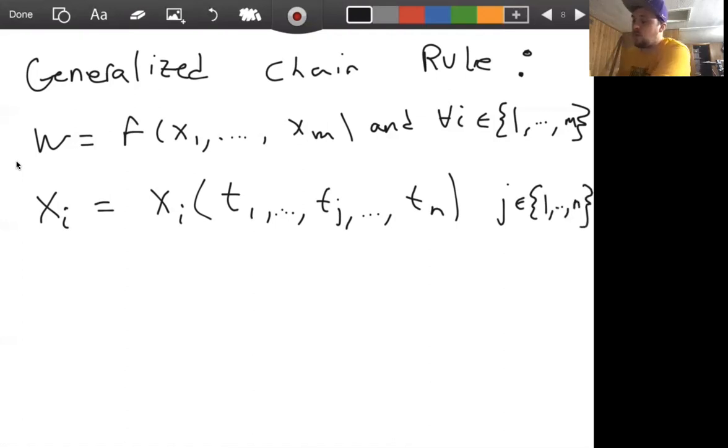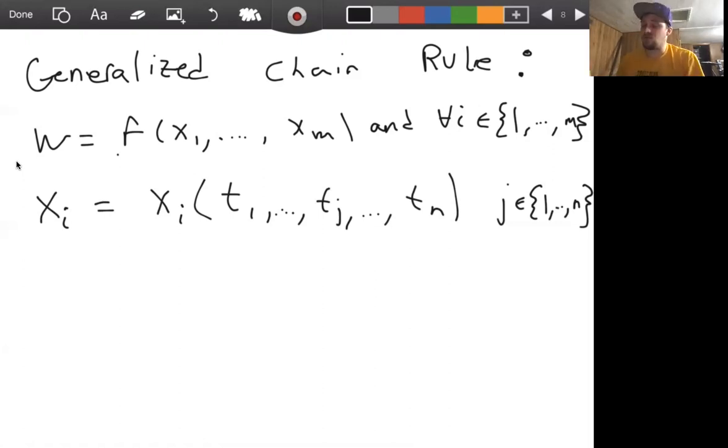Okay, and so what we have here is that w is a function of the variables x1, x2, x3, all the way up to xm, and then each xi is a function of n variables. So x1 is a function of t1, t2, all the way up to tn. x2 is a function of t1, t2, all the way up to tn, et cetera.